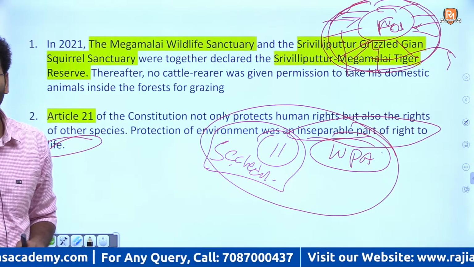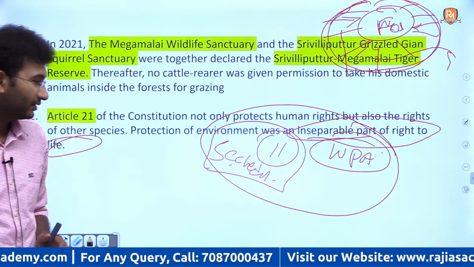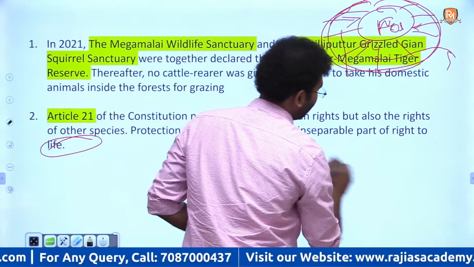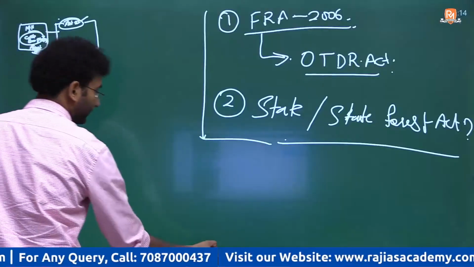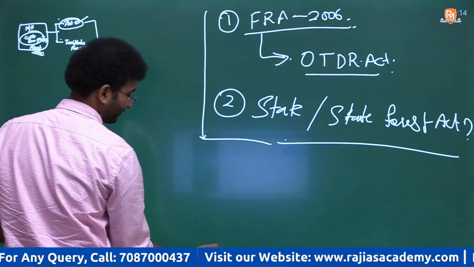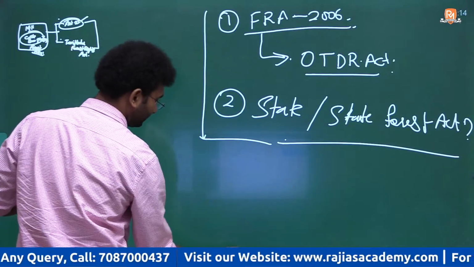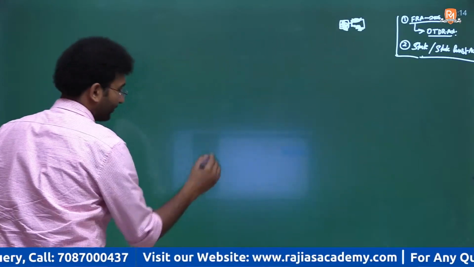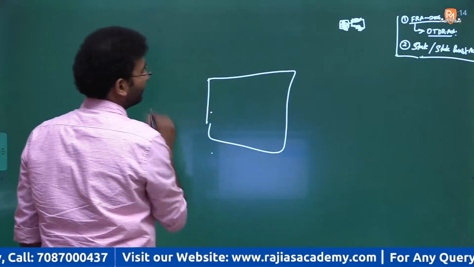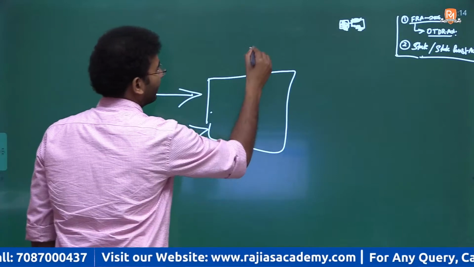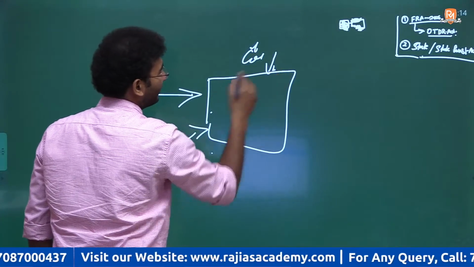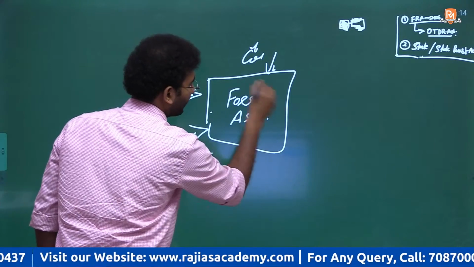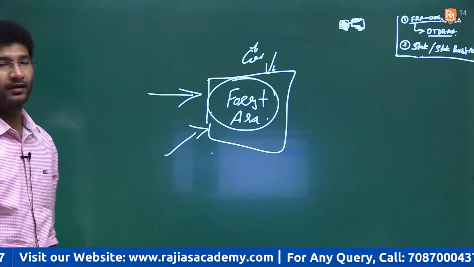Just a minute. Please explain Article 21 again. See, let me explain to you in a different way. This is an area which the court said the cattle need not enter, and this is the forest area, right?